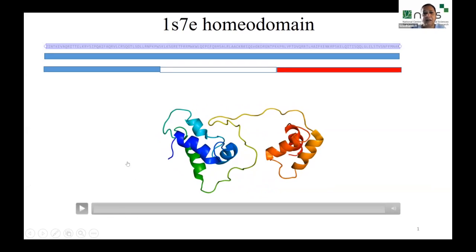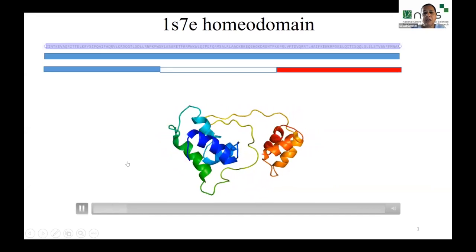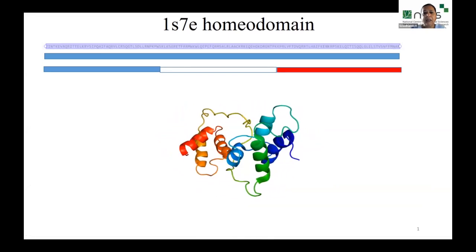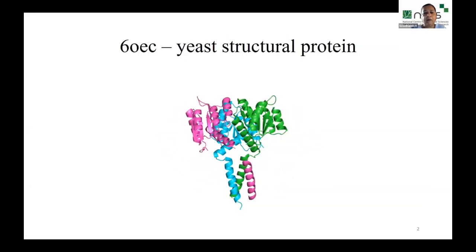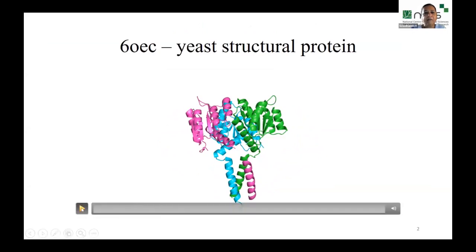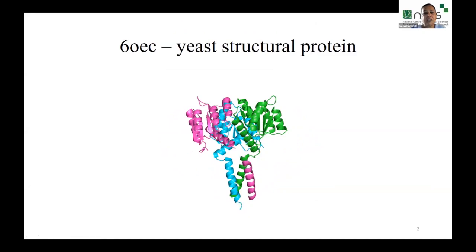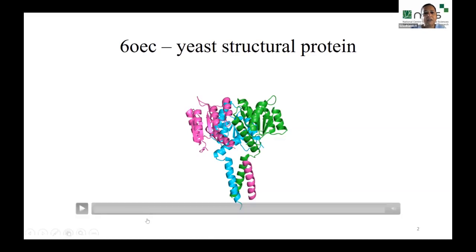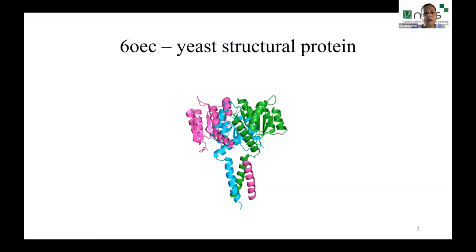We had discussed that. And we had also discussed subsequently that there are other, more complicated domains. For instance, we can have such an arrangement as shown in this structural protein, where certain three helices come together and form one domain, and then the rest of it is contained as other domains.